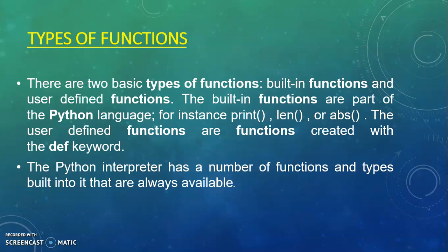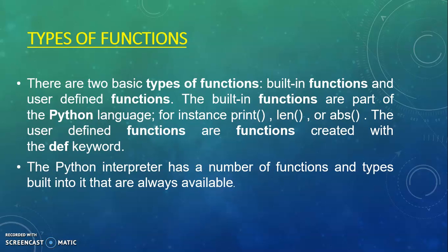Built-in functions, as the name tells you, are already built into the library or the Python interpreter. They are already there to make your work easier, and they are part of the Python programming language.